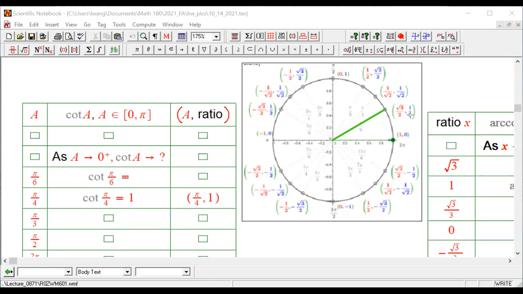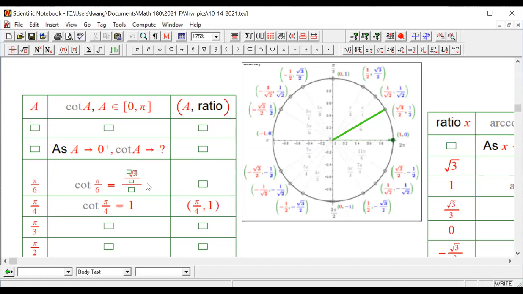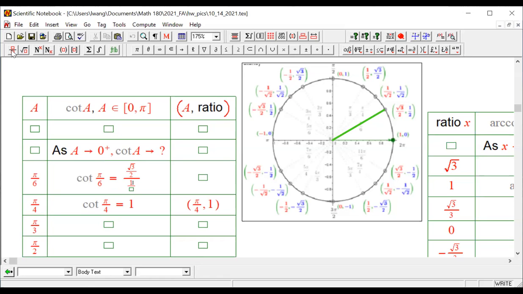You take the red number, the square root of 3 over 2, divided by the blue number, half. You simplify, and you get root 3.